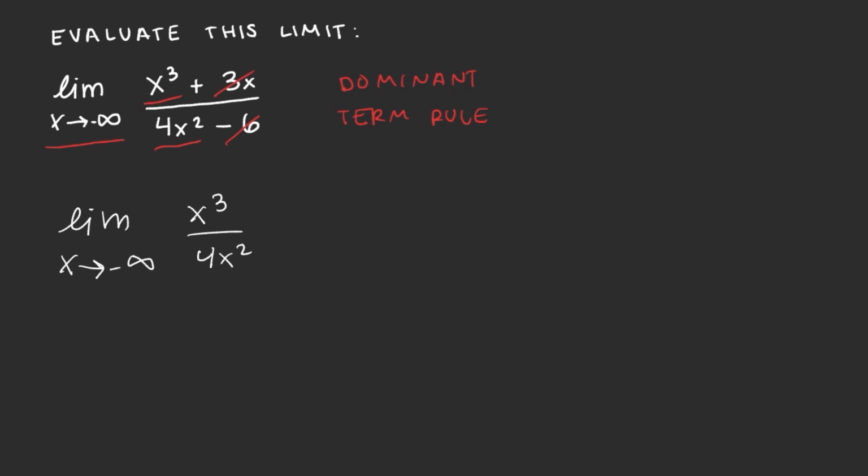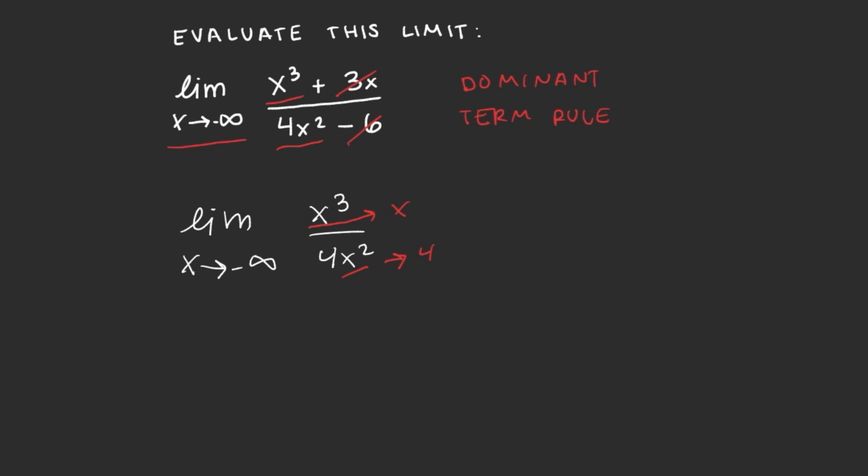Up here we can take out 2 x's, which would leave us with just x, and down here you can take out 2 x's, which will leave us with just 4. So what we're left with is the limit as x approaches negative infinity of x over 4.